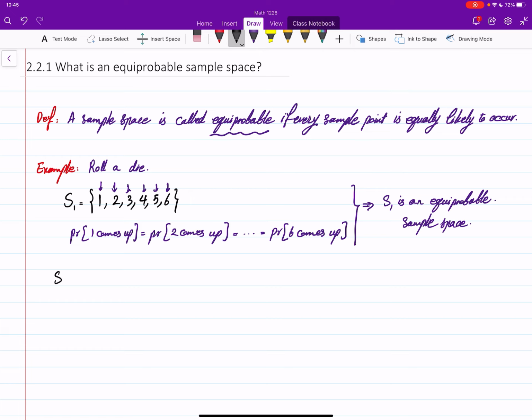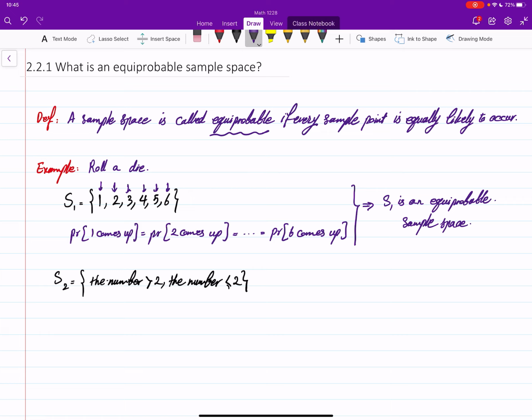Well, we can have other sample spaces for this experiment. For example, I can have this one: the number that comes up is greater than 2, or the number is less than or equal to 2. So is this an equiprobable sample space?